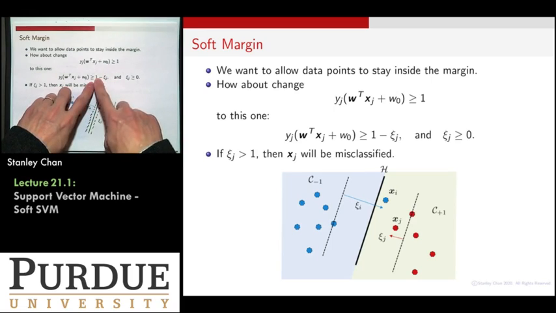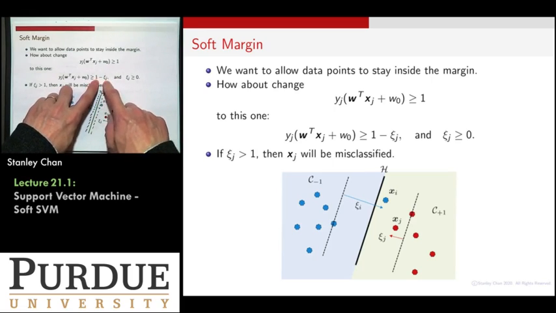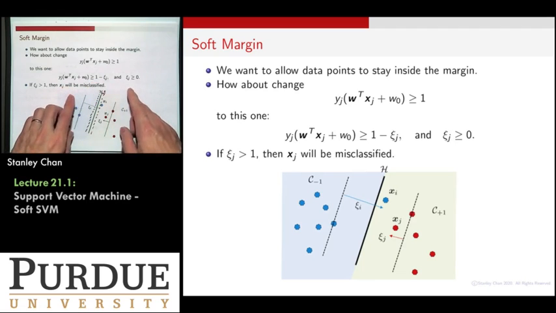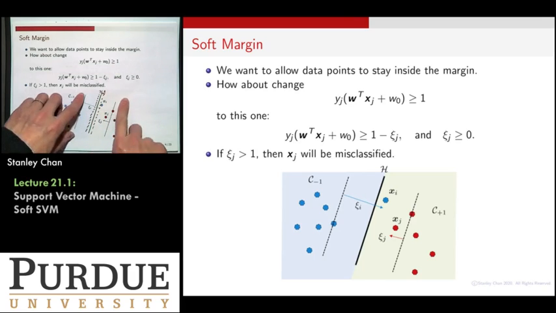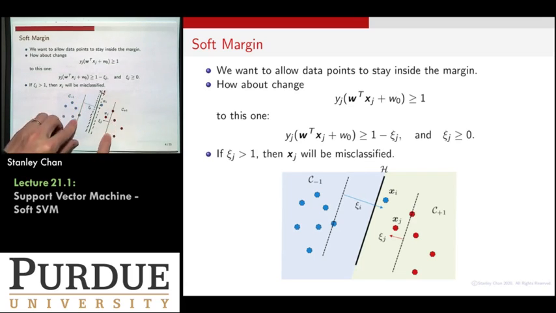Now if I allow you to have this minus a psi j here, what I will allow you to do is have sample data points that can go across the decision boundary. Or if I want to view it this way, if this is the margin, I will be able to have sample points that live inside the margin.